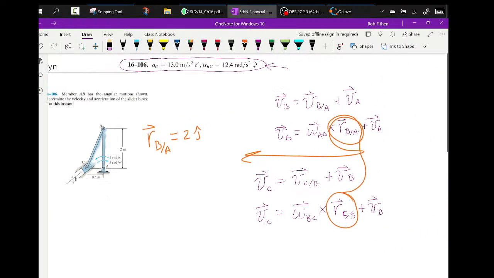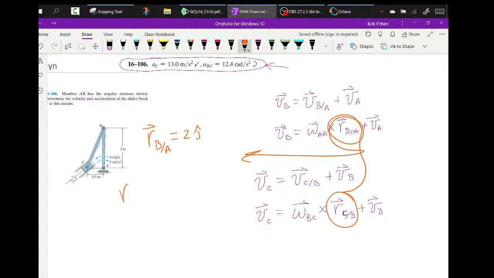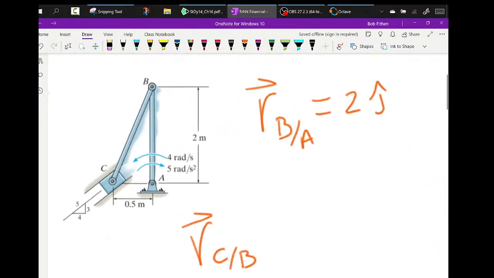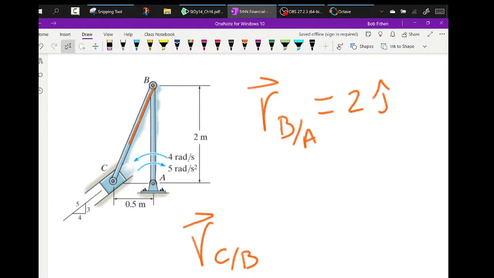Now, a vector originating from B, pointing to C. And pretty simple, it moves back this way, moves down this way. That's it. Nothing more than that.